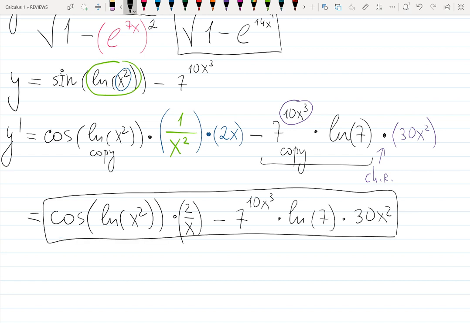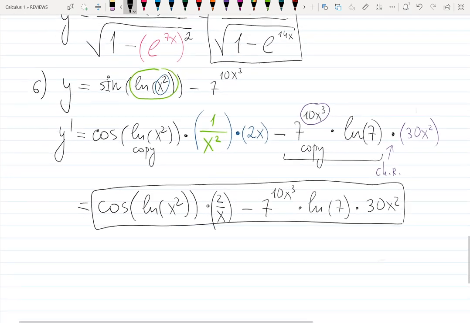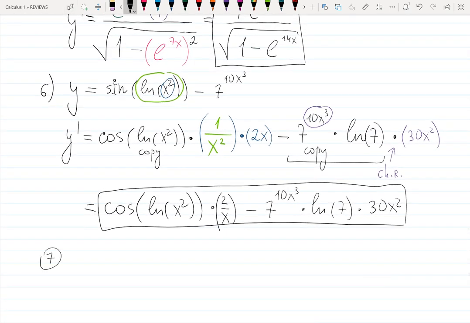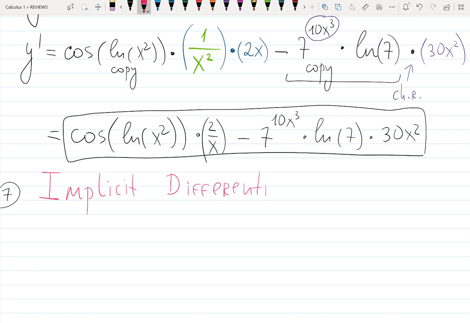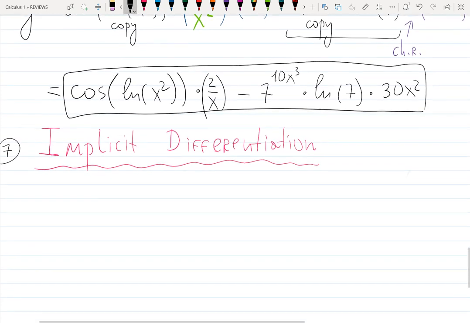Finally, let's move on into longer problems. Basically, the longest two problems are implicit differentiation and logarithmic differentiation. Let's do the implicit differentiation problem 7. Implicit differentiation is a very powerful tool that allows you to differentiate everything you see right away.